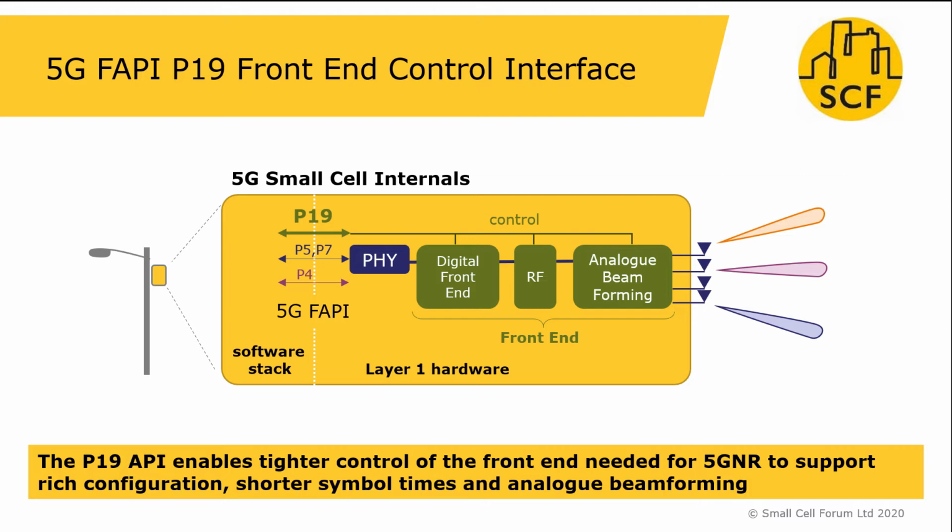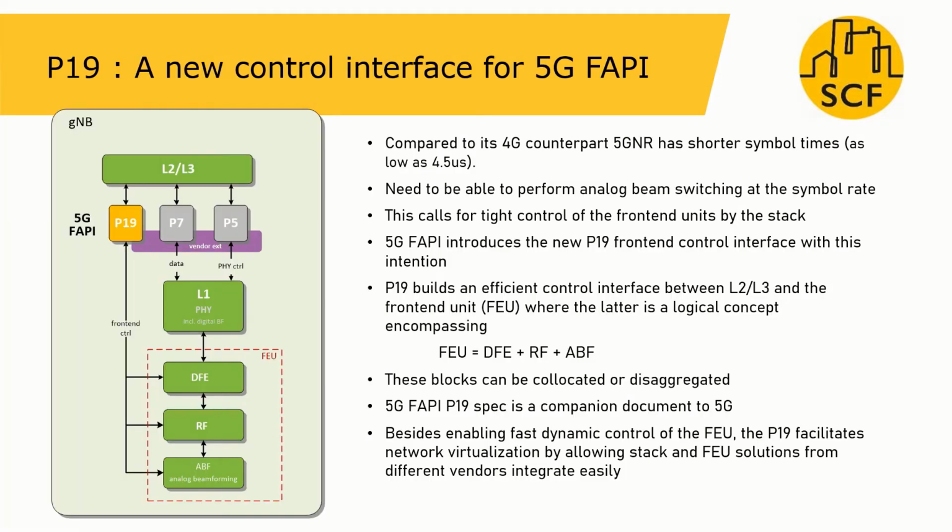Before moving into a detailed overview, it is important to note that the scope of P19 is limited to control path. In other words, P19 does not mandate protocols or interface standards for the data flow between the DFE, RF, or the PHY. I'd like to use this picture to explain the role of P19 in a high-level GNOB diagram.